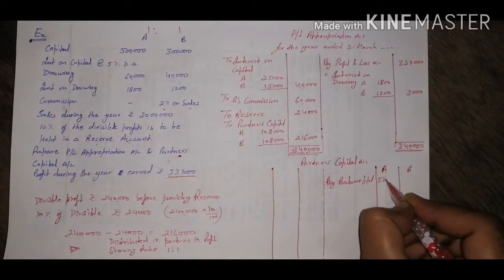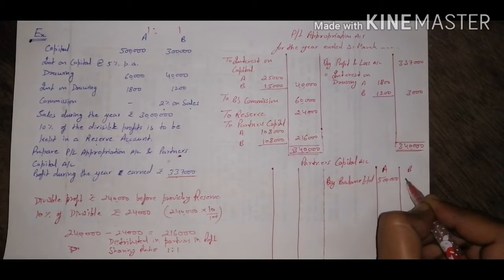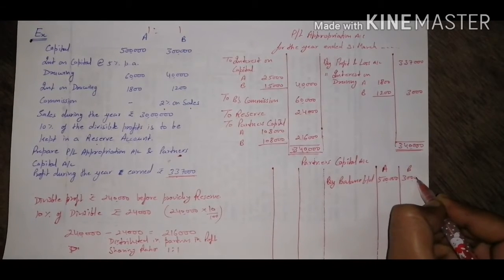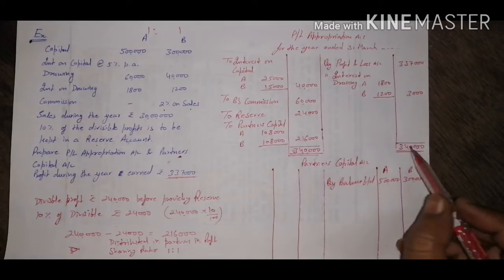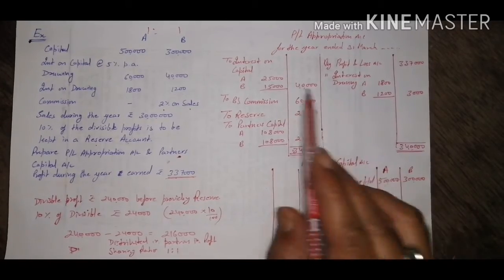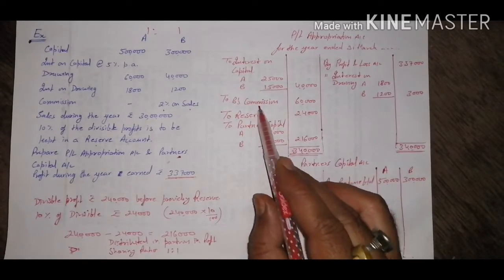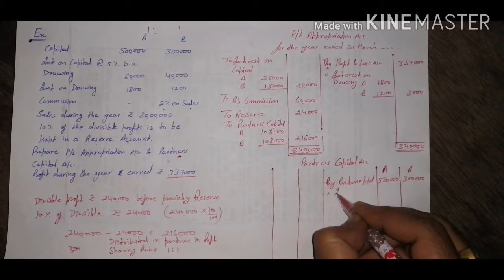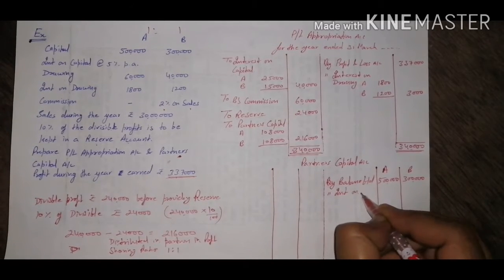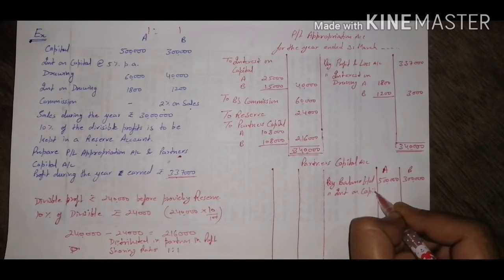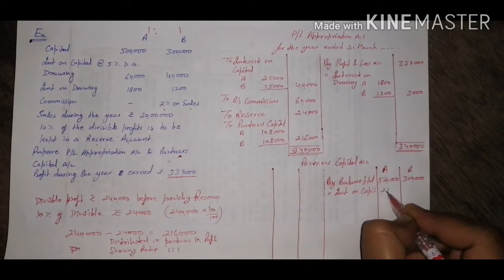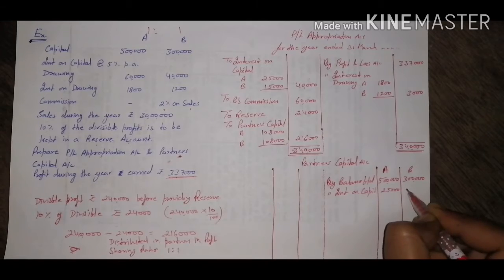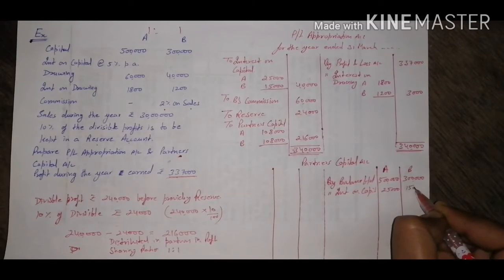A's capital is rupees 5 lakh and B's capital is rupees 3 lakh. In the P&L appropriation account, interest on capital is provided to partners, so partners' capital will increase and is recorded on the credit side by interest on capital: A 25,000 and B 15,000.